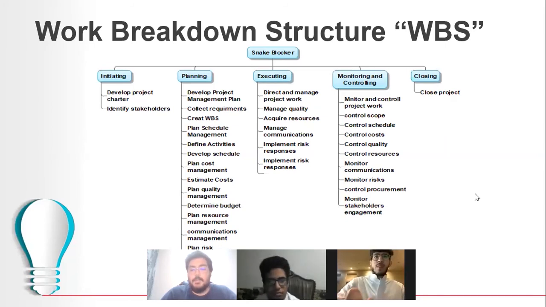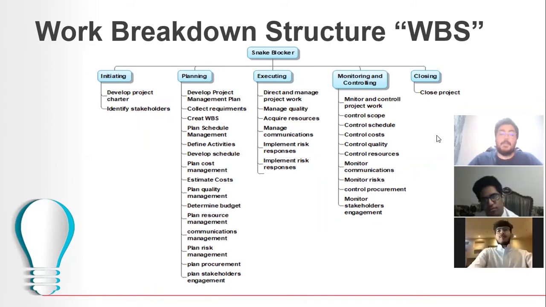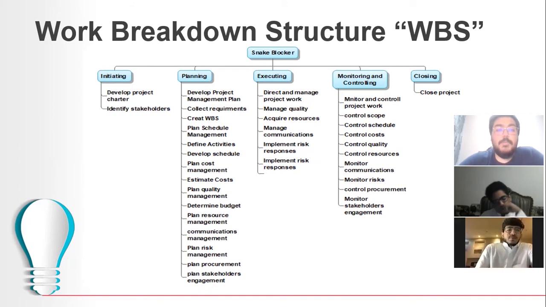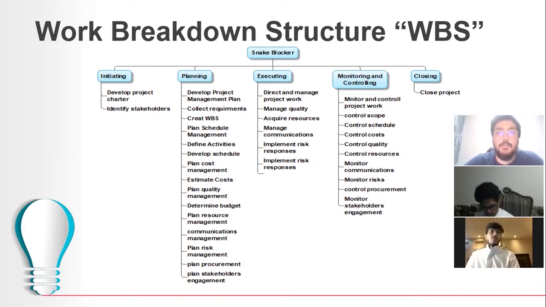Okay, gentlemen. Hello again. Let's continue and discuss the work breakdown structure, which we call WBS. First of all, what is the work breakdown structure? Work breakdown structure is subdividing the major project deliverables and the project work into smaller, more manageable components.